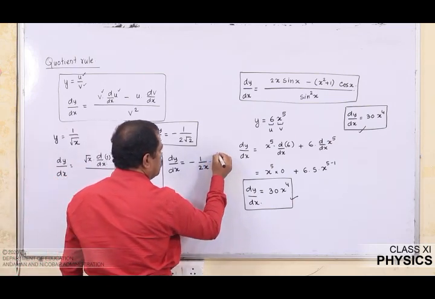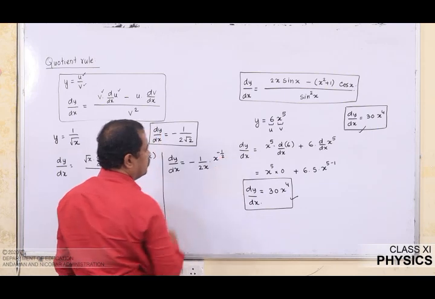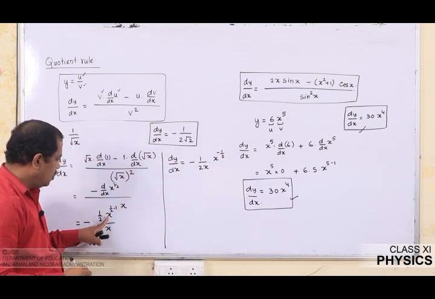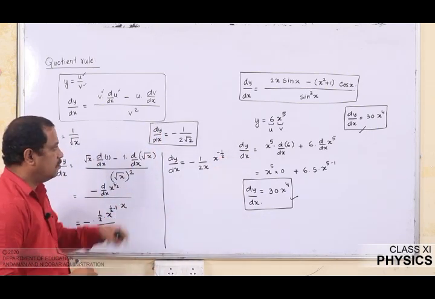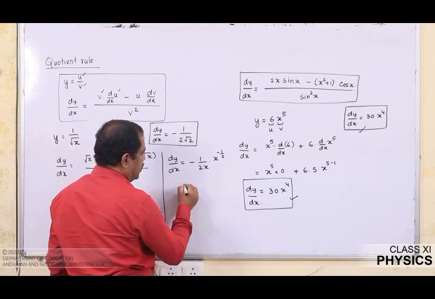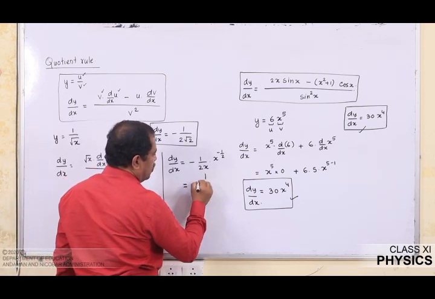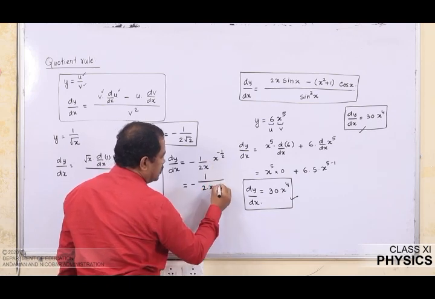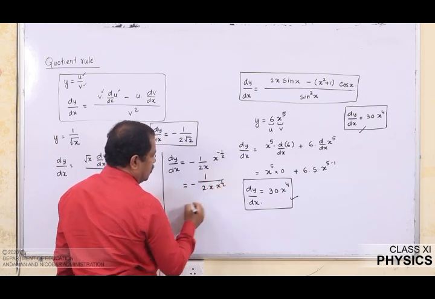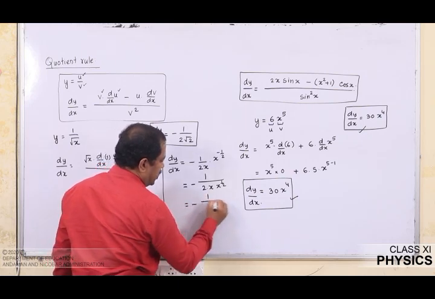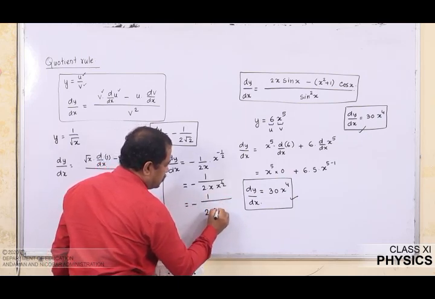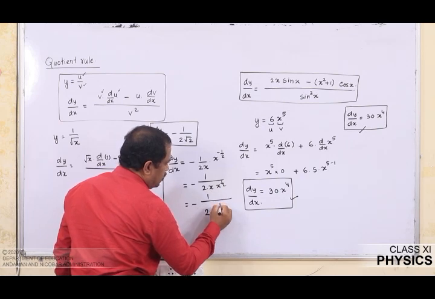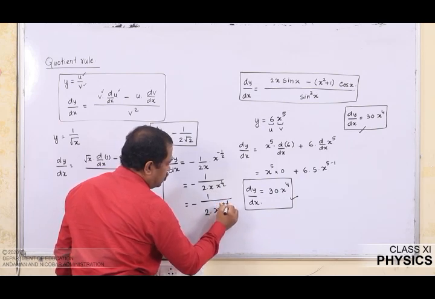Half minus 1 is minus half. Now, if I rewrite this expression, x power minus half can be written as x power plus half, so combining, the base is same, 1 plus 1 by 2.